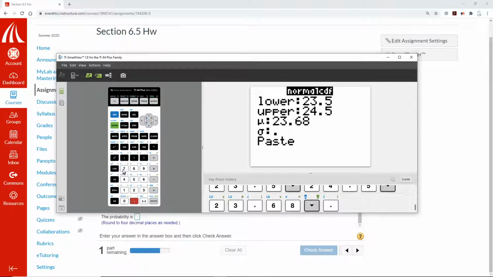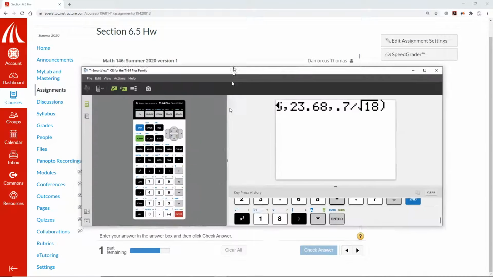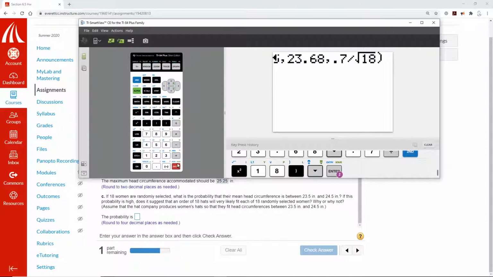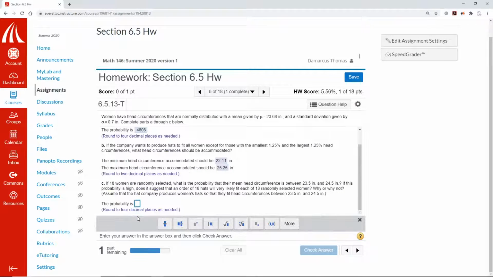It's 0.7 divided by the square root of 18. You could just put it all in here like this, the way I'm doing it here. Now we're going to paste this onto the home screen. Make sure that was 18. Yep. Enter. And our probability is a little higher now. 0.8624.